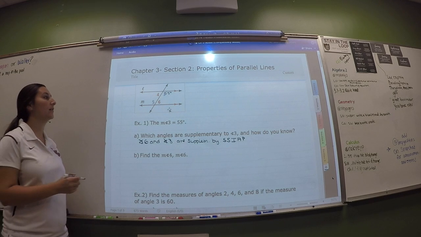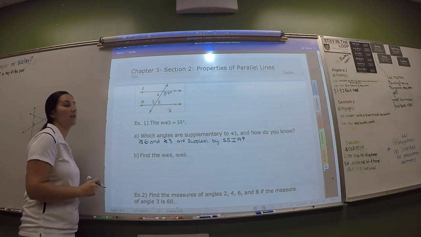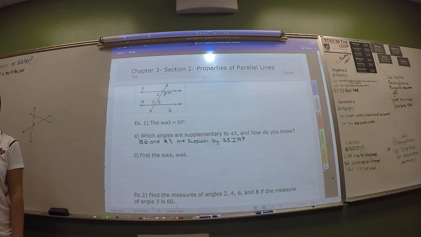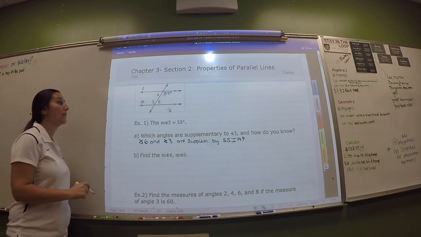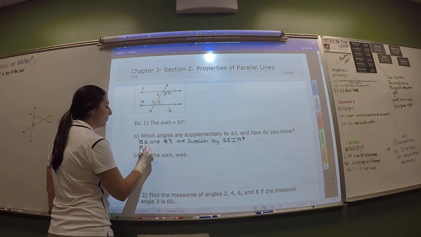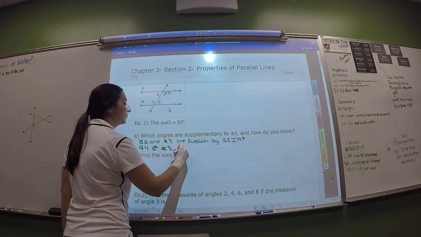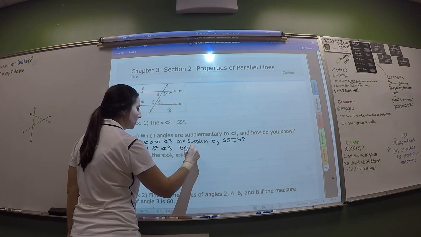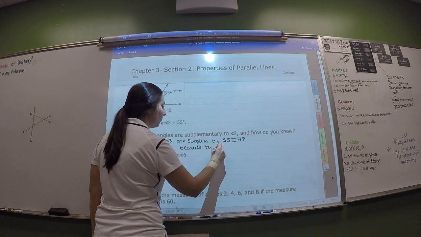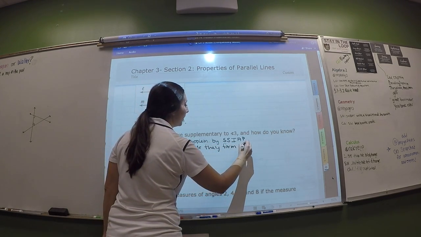Are there any other angles that are supplementary to 3? Angle 4. So angle 4 and angle 3, but why? Because they form a linear pair.